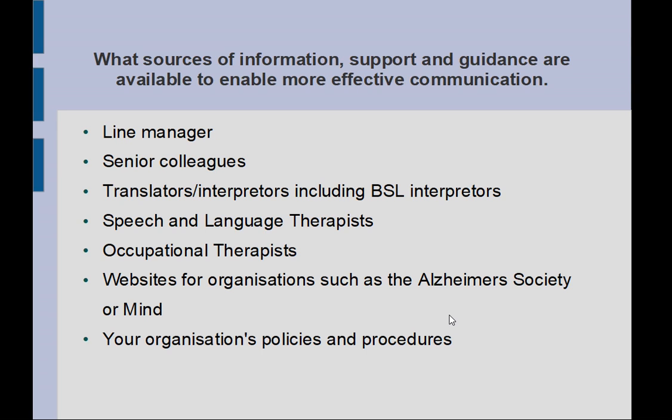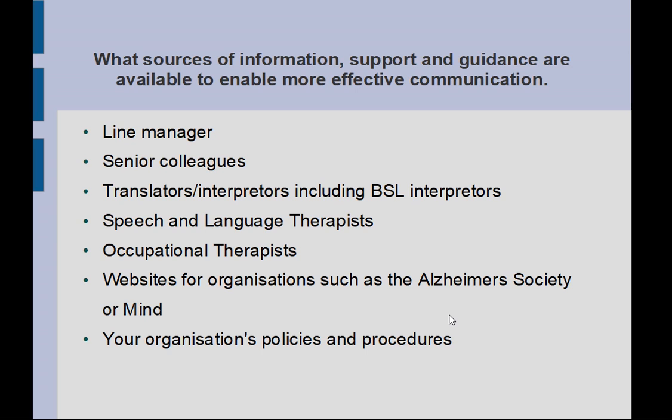The Alzheimer's Society has some excellent information on how to support people with dementia. They also have good YouTube videos, and YouTube in general is a good place to start. I would list particular channels and websites for this. I've listed Mind there. They have some good information on how to help and support people who have mental health difficulties.